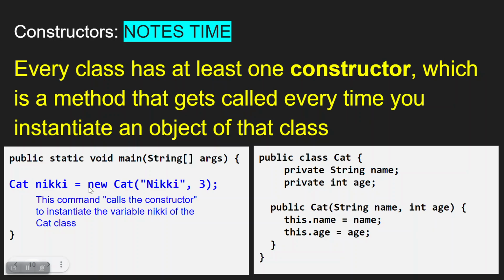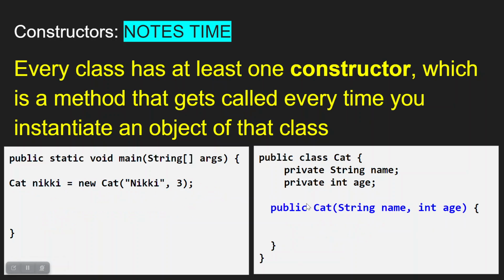When you run this line of code, Java goes into here and finds the constructor public cat, string name int age, and this is what gets called by this line of code right here. So it engages this, and then from there, a few things happen.